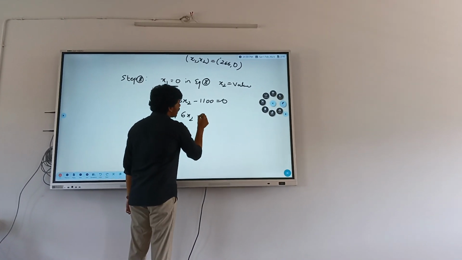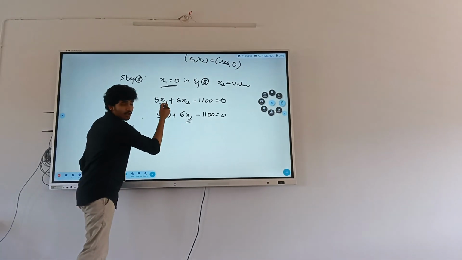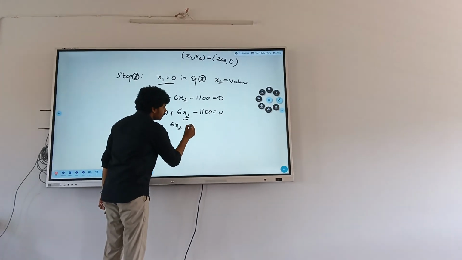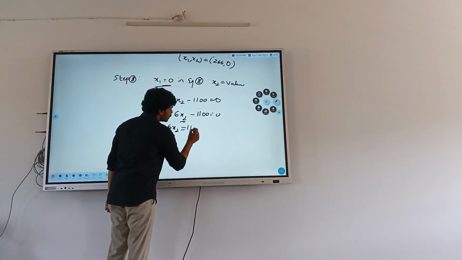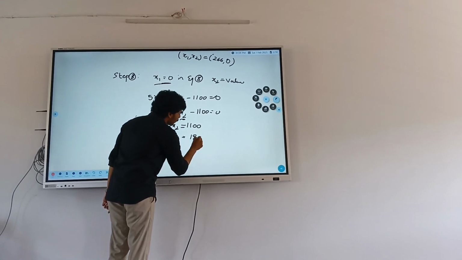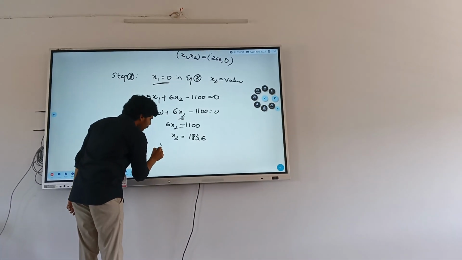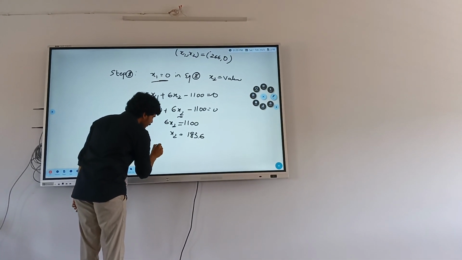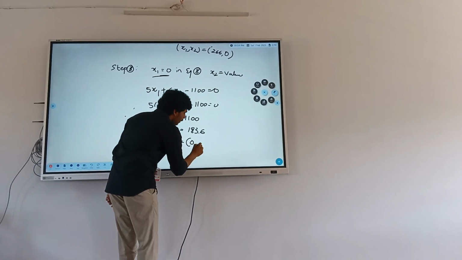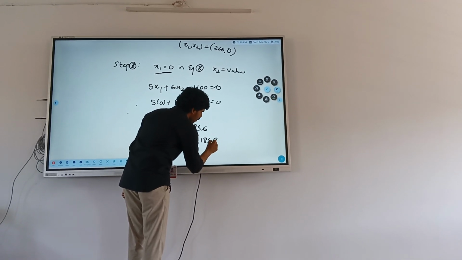Then we will get the value of x2, because we don't have an x1 term. 6x2 equals 1100, and the x2 value will be 183.6. So the optimal points x1 comma x2 will be 0 comma 183.6.